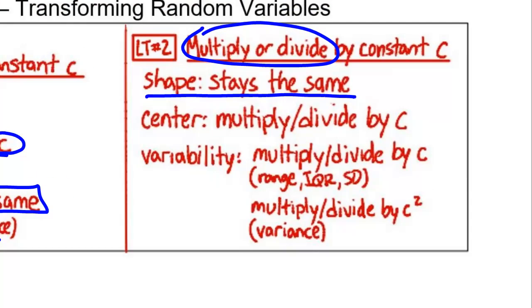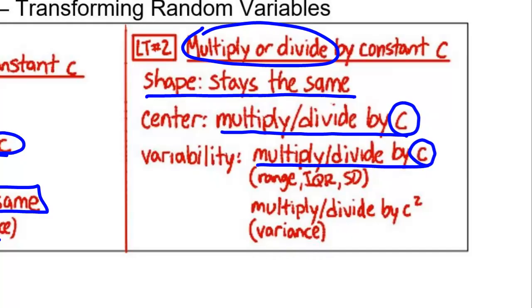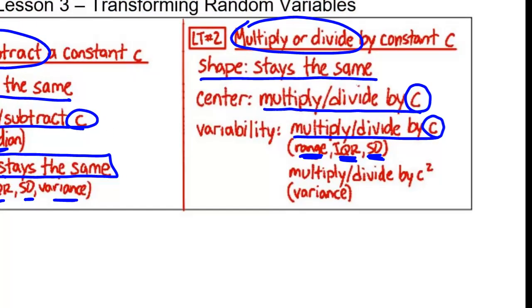But if we are multiplying or dividing, the center gets multiplied or divided by C. For my variability, almost all my measures of variability, you're just going to multiply or divide by C. For the range, the IQR, the standard deviation. The only one that's different is the variance.